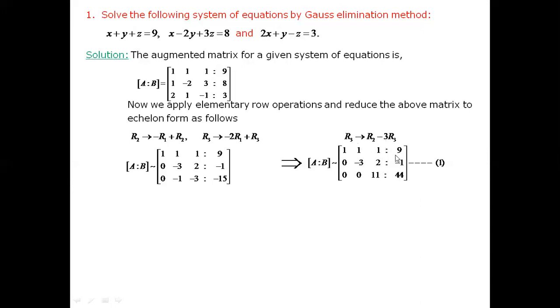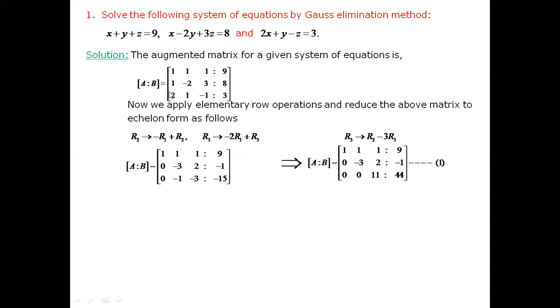And if you observe this matrix, this is the principal diagonal. And we can observe that all elements below the principal diagonal are 0. These three elements what we have here become 0. So once we get a matrix like this, that is called an echelon form matrix.